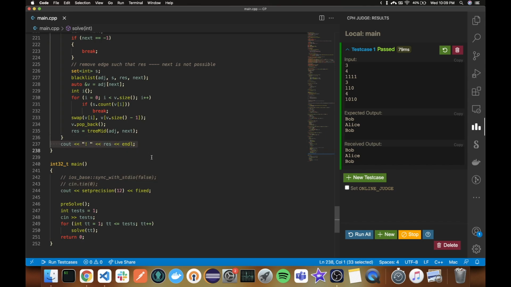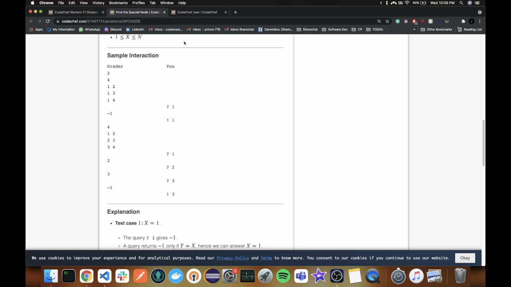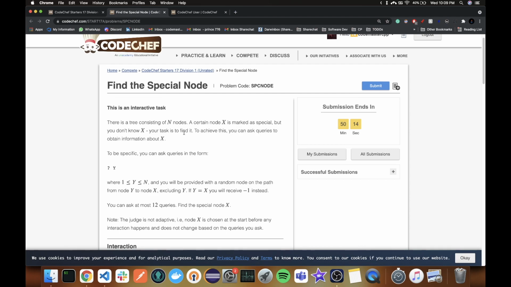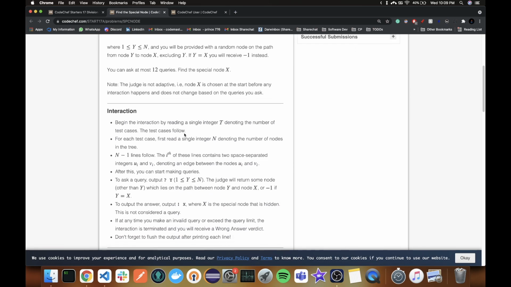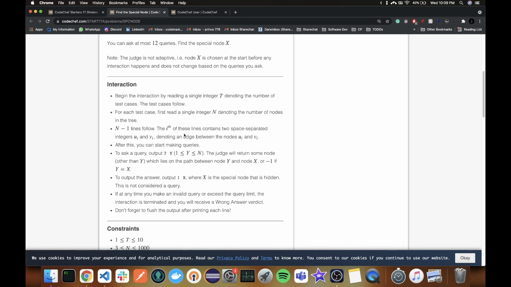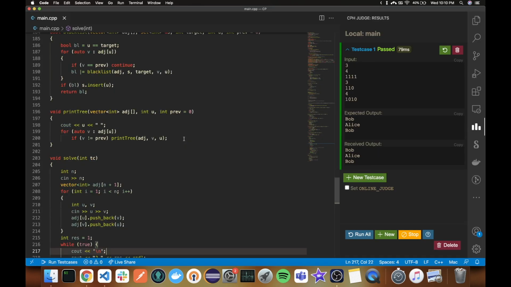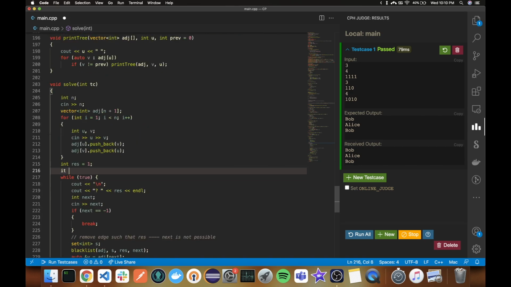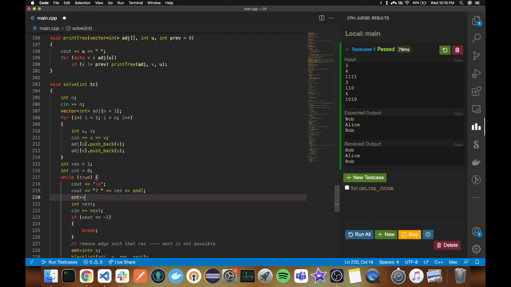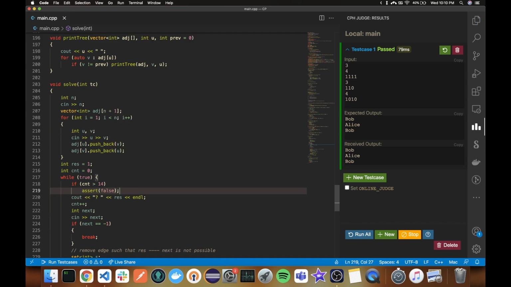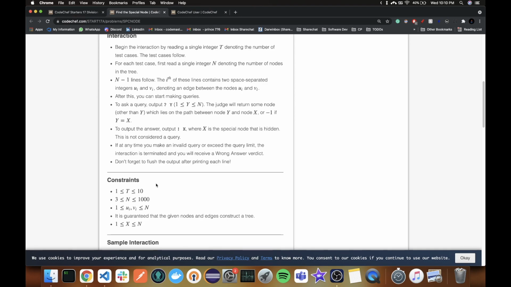I have this remove. I'm using Intel. What is the problem? Hmm.